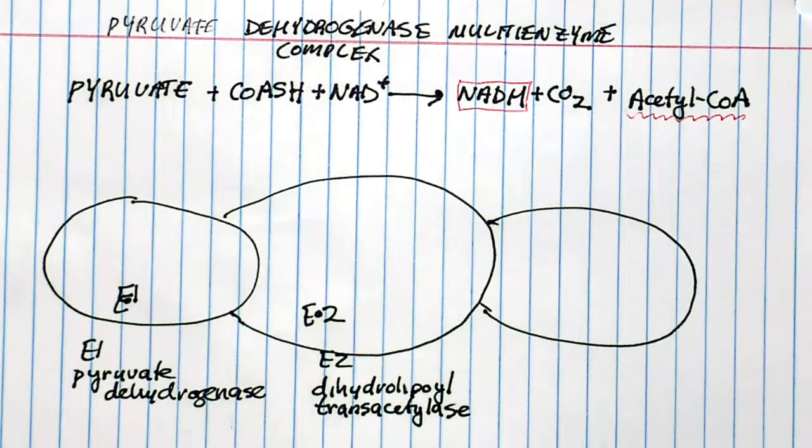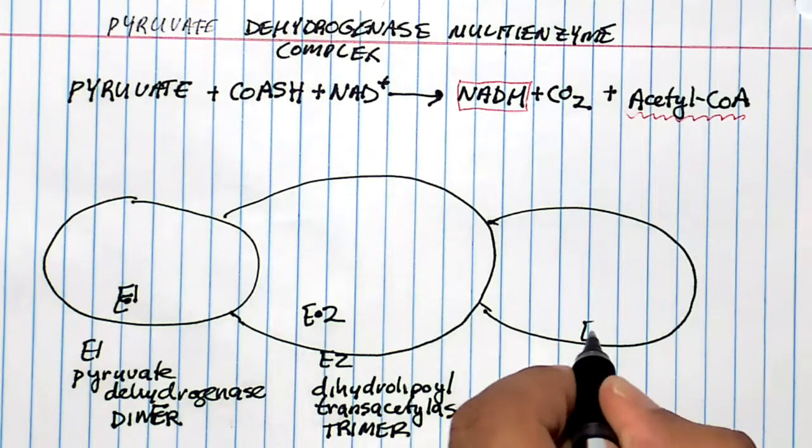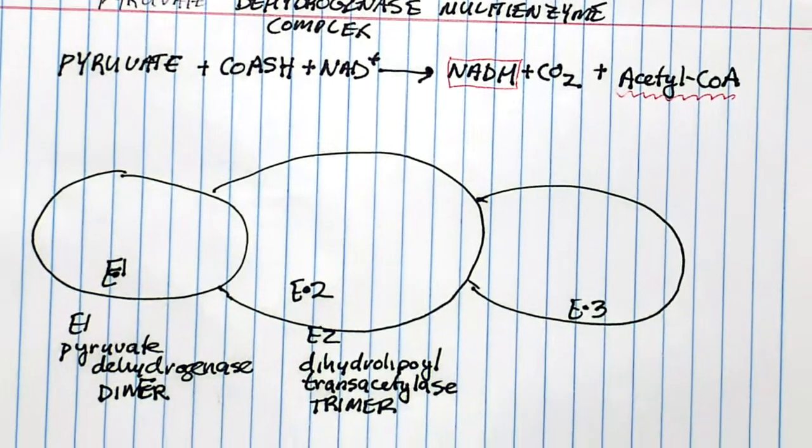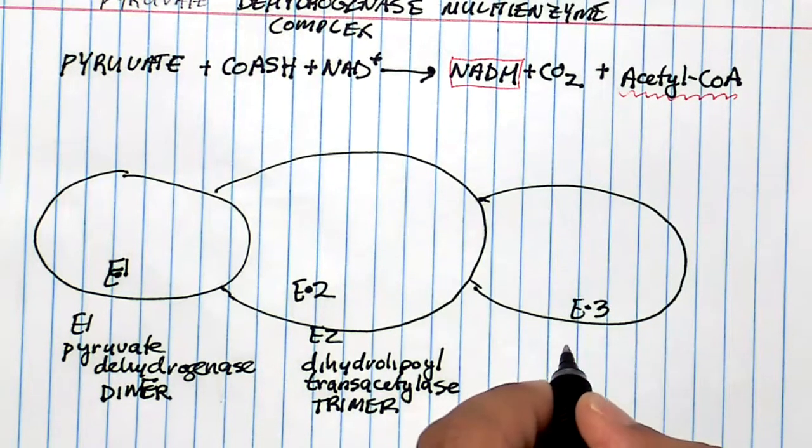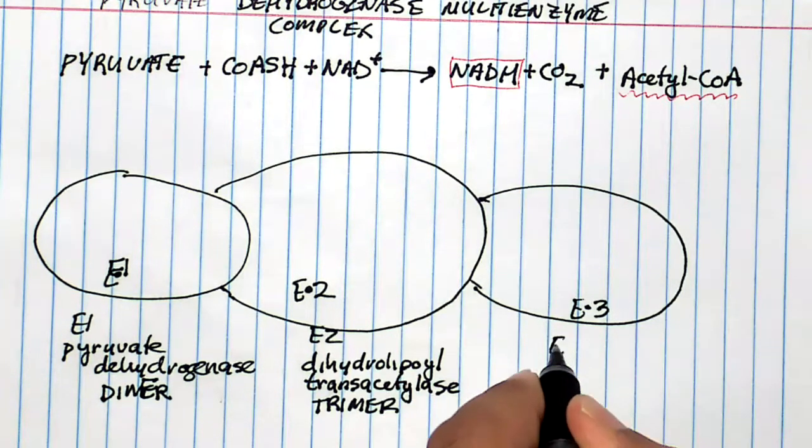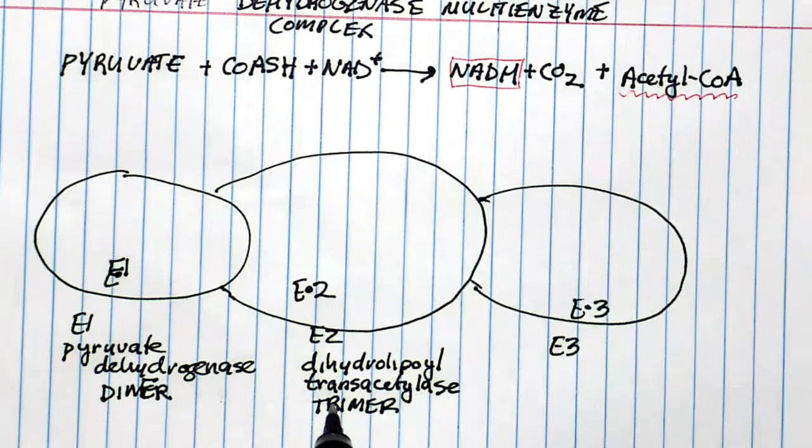This actually consists of a trimer, whereas E1 pyruvate dehydrogenase is a dimer. And then finally you have E3, and that E3 enzyme activity is dihydrolipoyl dehydrogenase.